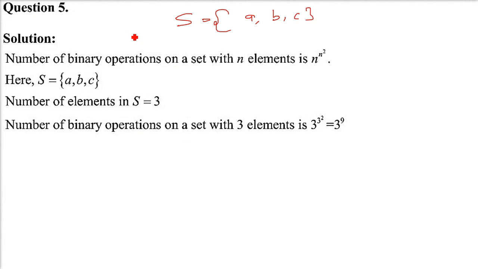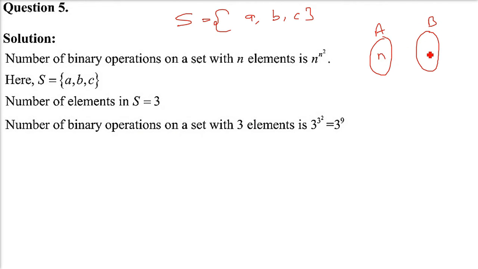So coming to question number 5, before going to the actual result, I have to tell you, because I've already explained this in the theory part, but let me tell you again how the number of binary operations on a set with n elements is n to the power n squared. How does it come? Let us go to set theory first, and then we'll try to understand. This is set A, this is set B, and we are trying to find the number of relations or the number of combinations.